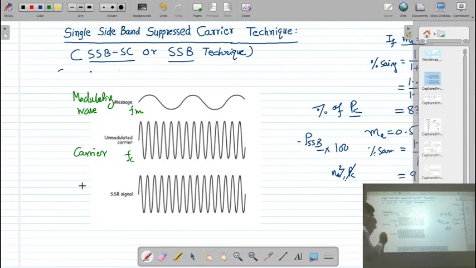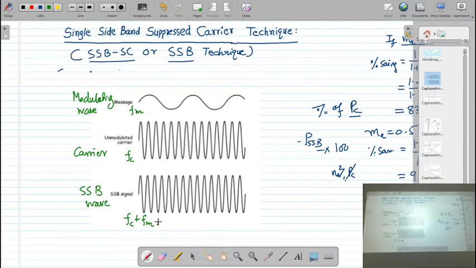But if you look at this SSB wave, it will take only one frequency here. This frequency will be either LSB or USB. Here a USB is present. So this frequency is fc plus fm only.